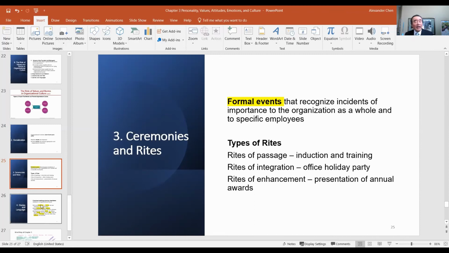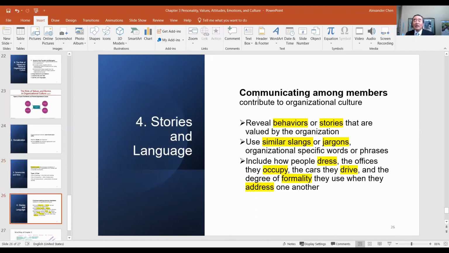And the last thing is what? Communication among the members is also important. Story: we always have some story about certain people in the company or in school. At certain times, people like to use certain slang or jargon.